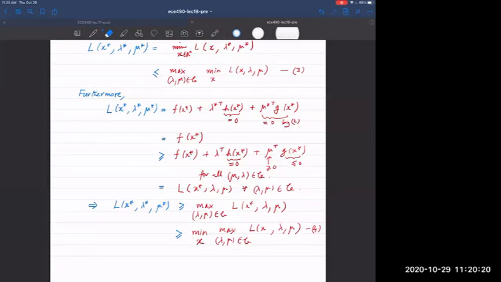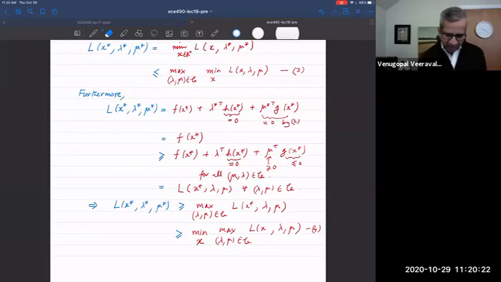That's right. Sorry. Okay, so now let's look at these two equations that we have here. This first equation says that L of x star, lambda star, mu star should be less than or equal to the max over lambda, mu, min over x of this. Then we showed that the same thing has to be bigger than the min over x, max over lambda, mu, where the min and the max have been swapped, of the same quantity.